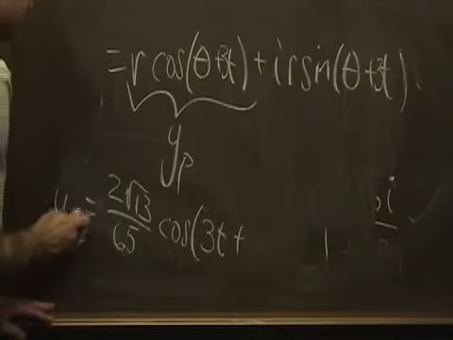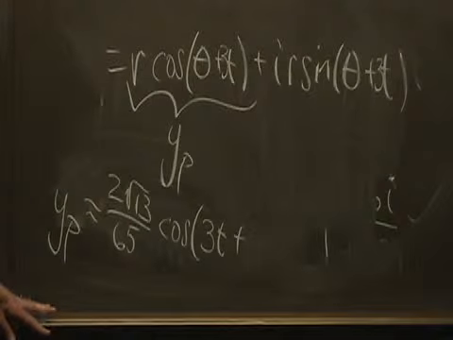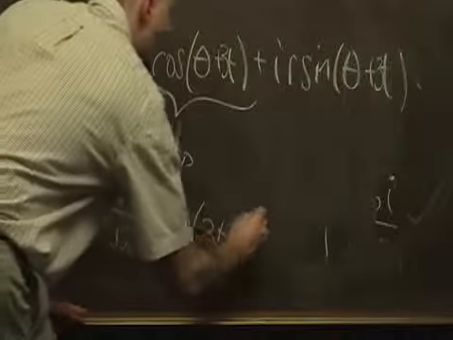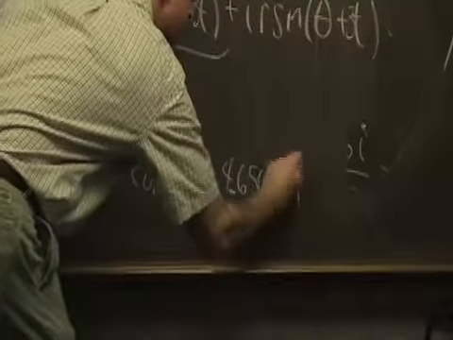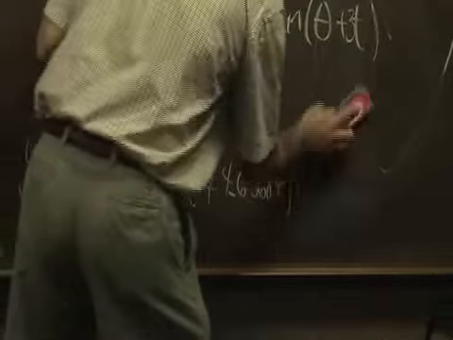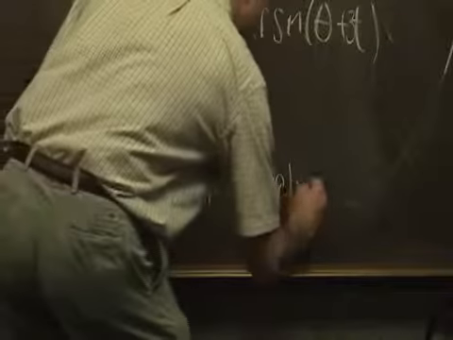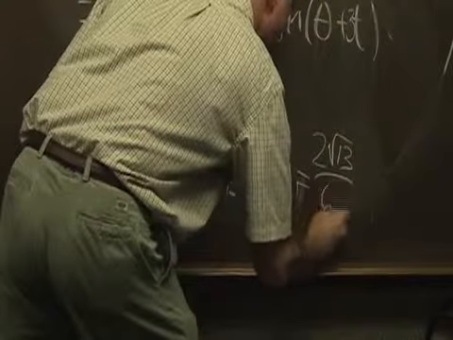I guess I'll write this as the approximate form here. Arctangent of 18 plus pi being about 4.65689.